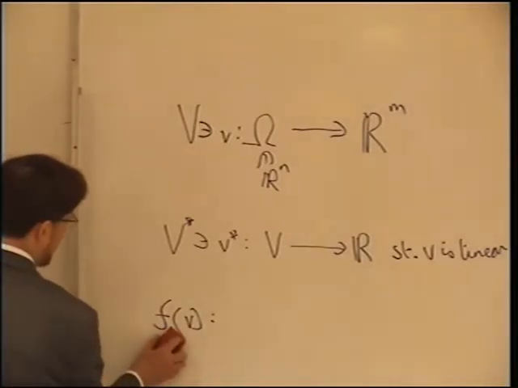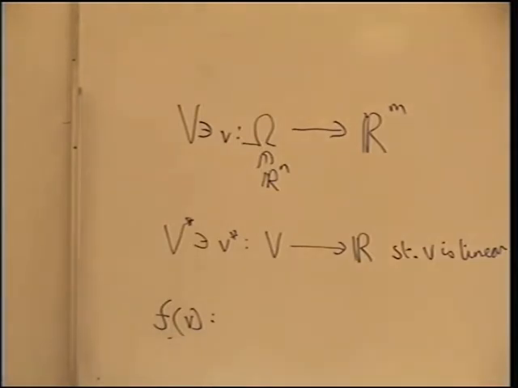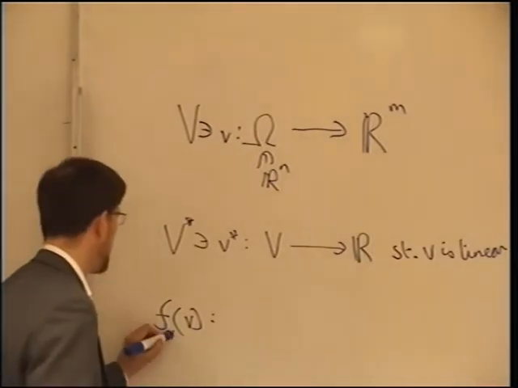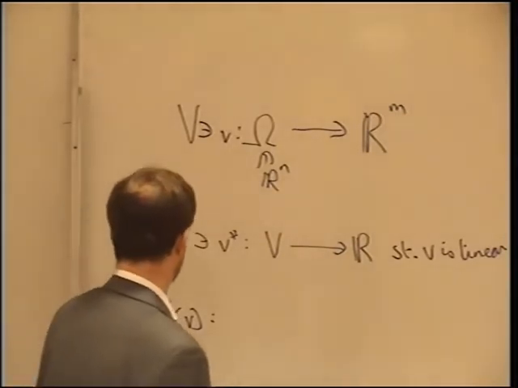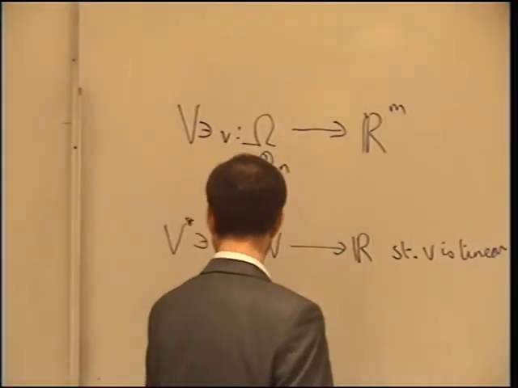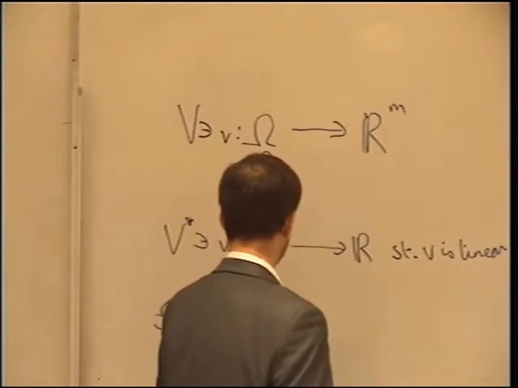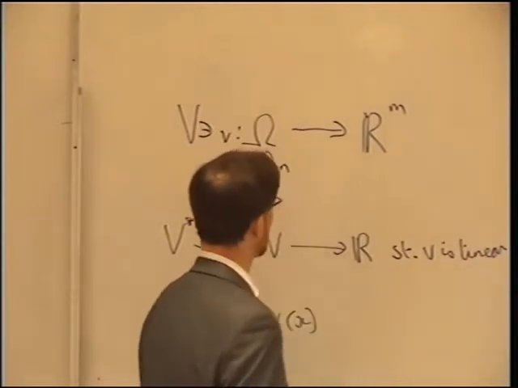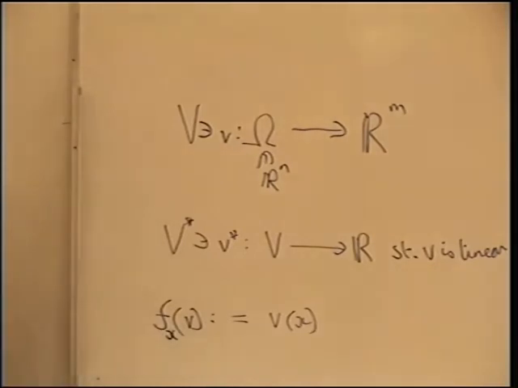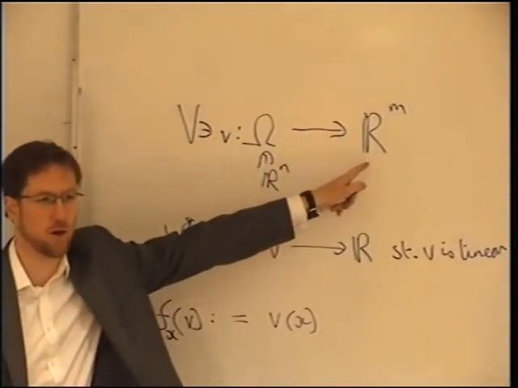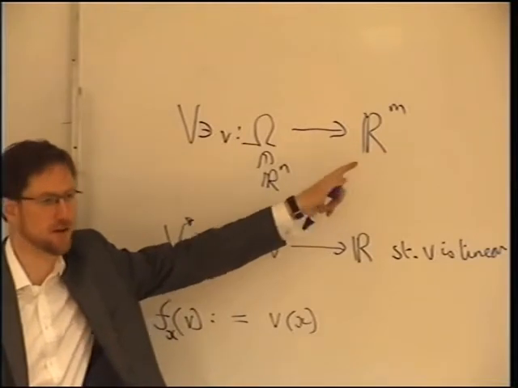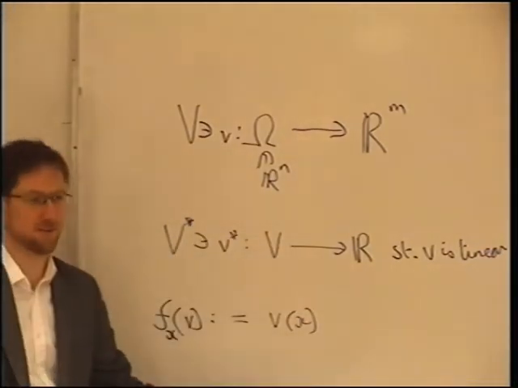So I could say that I'm going to have a functional f_x of v, which is defined to be v evaluated at x. So straight point evaluation works like that if this function is a function onto R1, sorry. Right? Because I need it to be the case that this thing is a number.